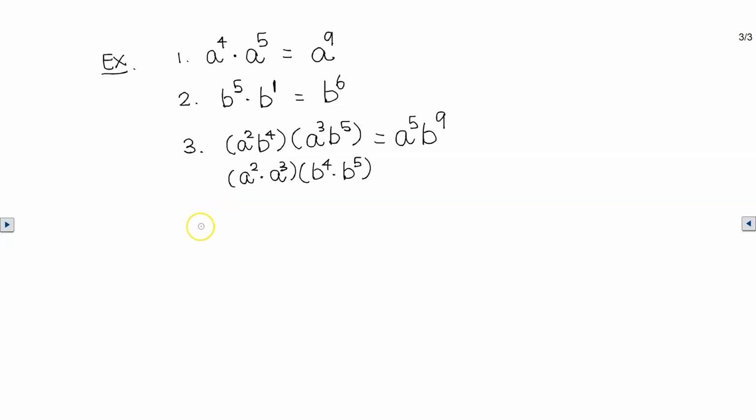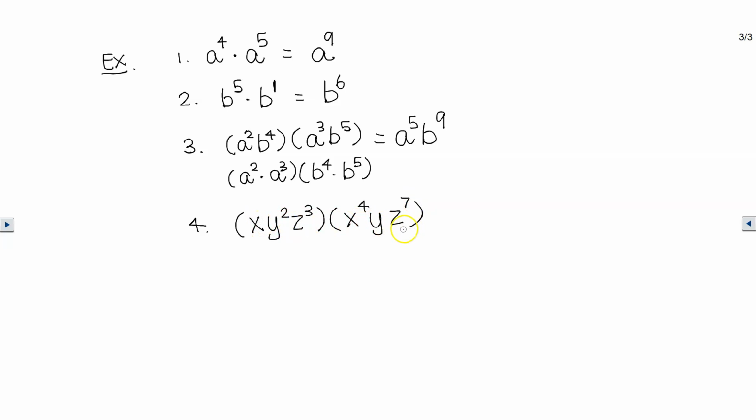So it truly does not matter how many variables they choose to put in these problems. You just use the product rule for each variable, for each different base. So if I were to do x, y to the 2nd, z to the 3rd, times x to the 4th, y, z to the 7th.